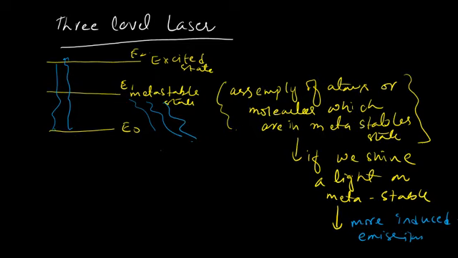So here we can picture it like this. Let's suppose we have a state E0 and this state is E2. Let's suppose we have an electron in the ground state.